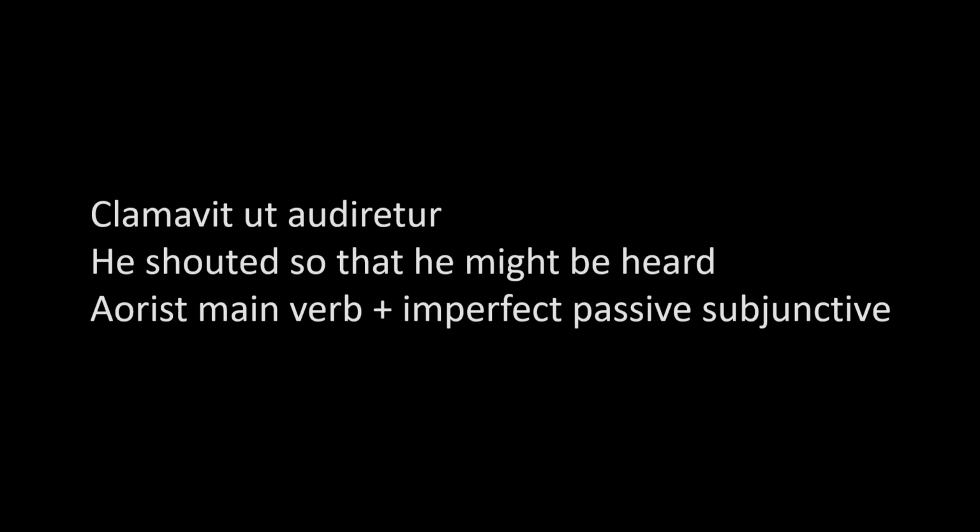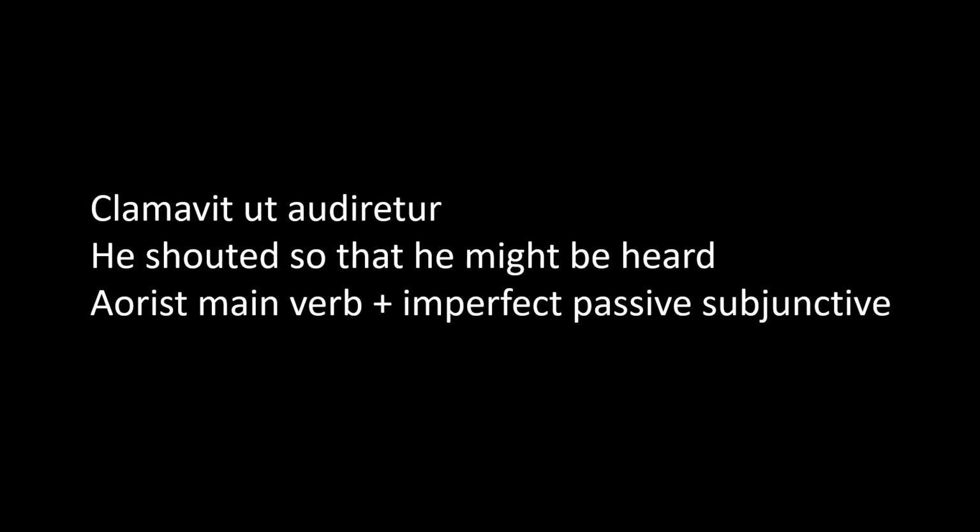The problem in Latin is that the forms of the aorist tense have disappeared, and they are expressed by the perfect tense. Therefore, let us look again at these tenses. Clamavit ut audiretur. He shouted so that he might be heard.